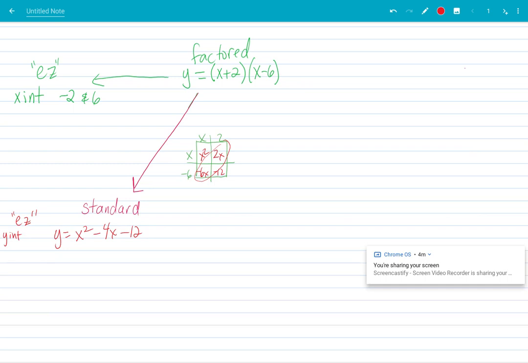Negative 12. Yeah, and I'm actually going to say (0, -12), like I should have said over here (-2, 0) and then (6, 0). Okay.